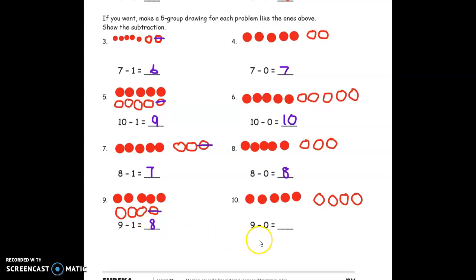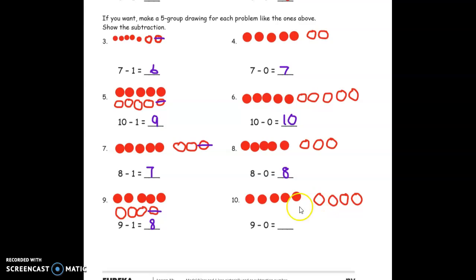Look over at number 10. 5, 6, 7, 8, 9. 9 subtract 0 equals, how many do we need to take away?